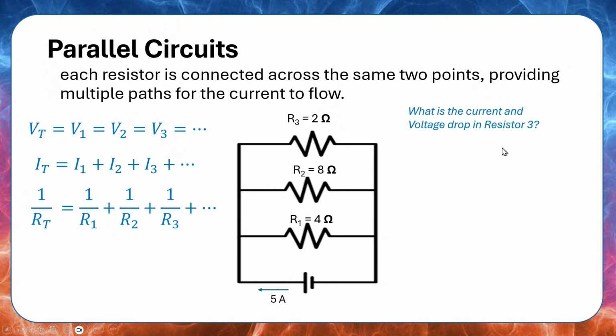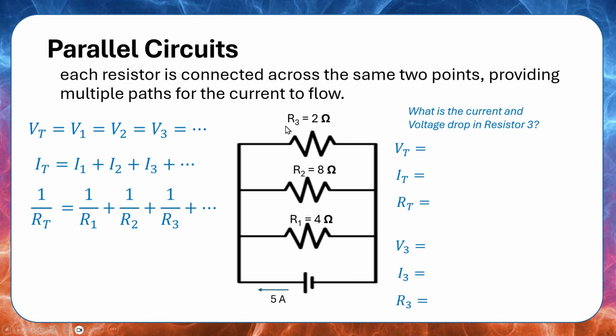Now, the question here is, what is the current and voltage drop in resistor 3? So we're now focusing on resistor 3, this one. We're going to ignore these, but we're going to use their numbers to solve for some of the variables. Okay, so we're going to put the total. Of course, the total will always be helpful, so we're going to put that all the time. And the R3 group, or the 3's variables.